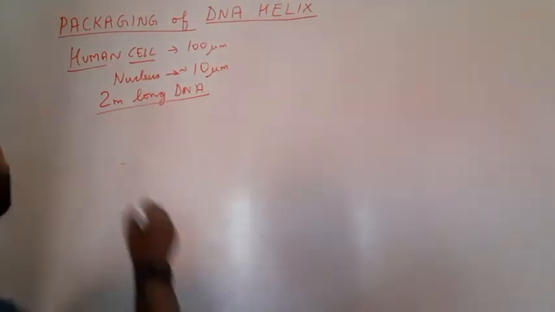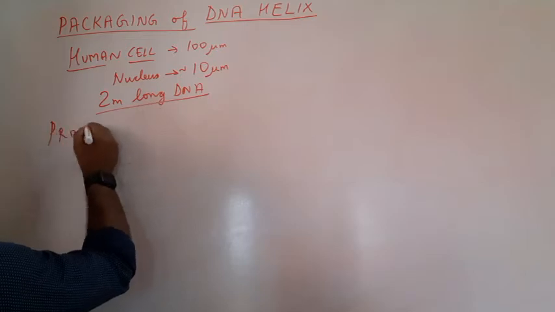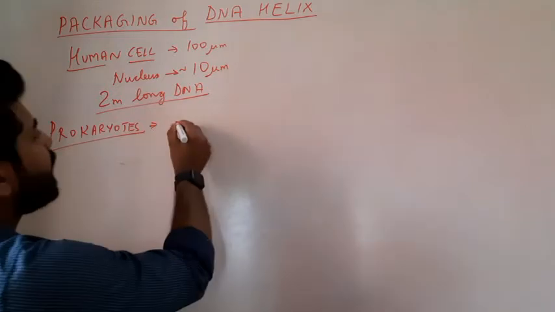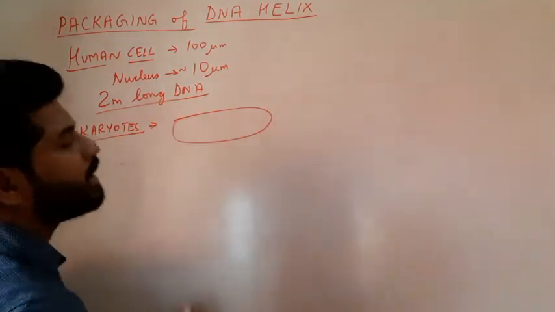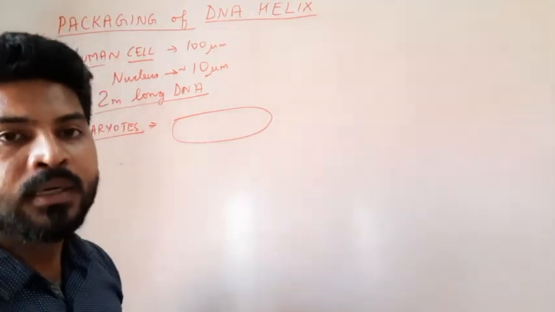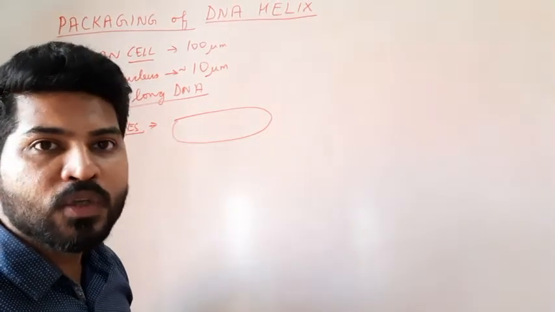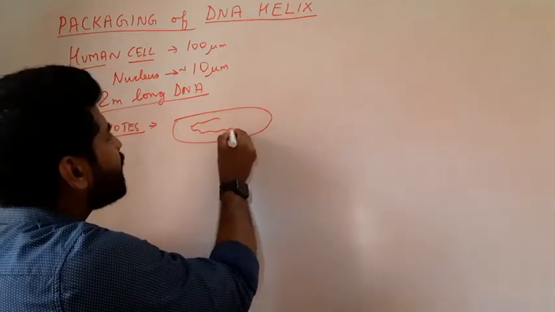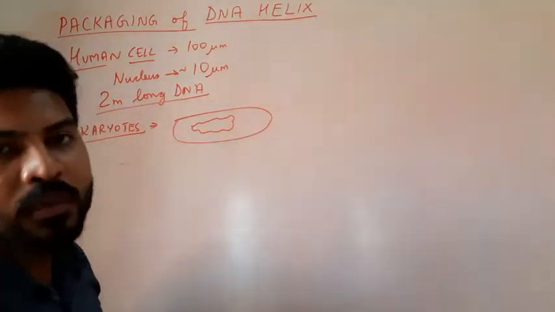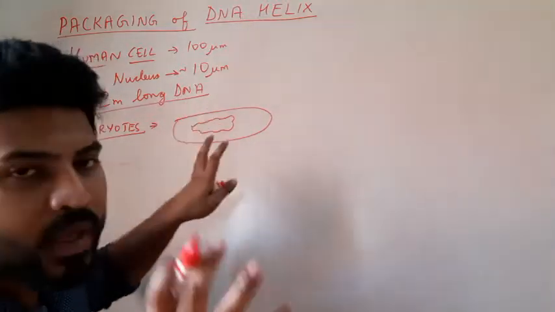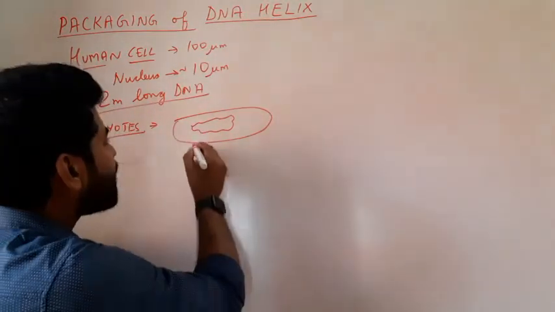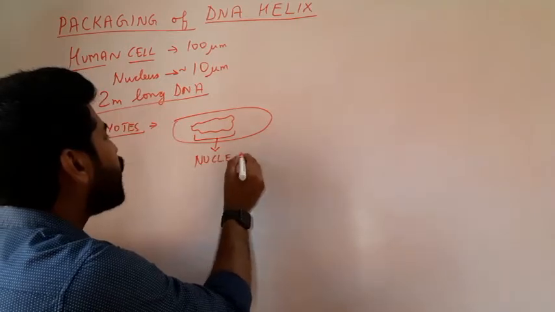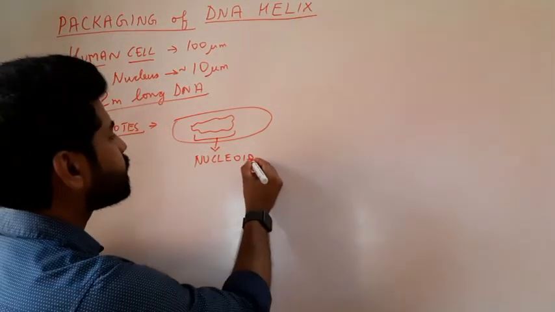In the case of prokaryotes, that is bacteria, we know that in a bacterial cell there is no nucleus and the nuclear membrane is also absent. So, what we find is that the double-stranded DNA molecule is arranged somewhere in the center of the cell, and this area is what we call the nucleoid.